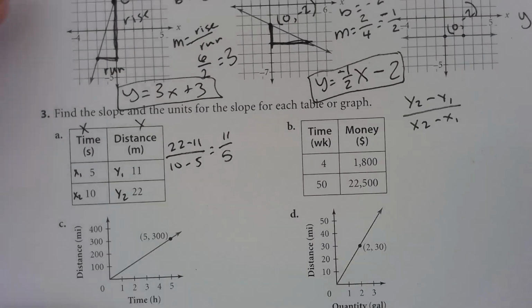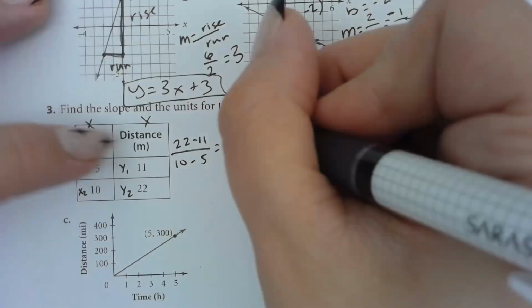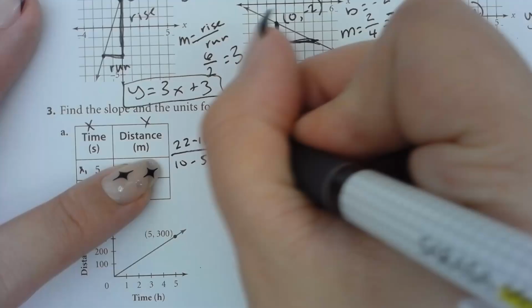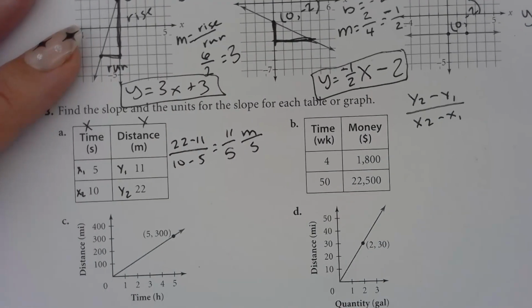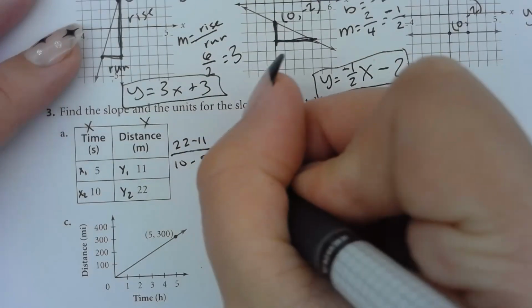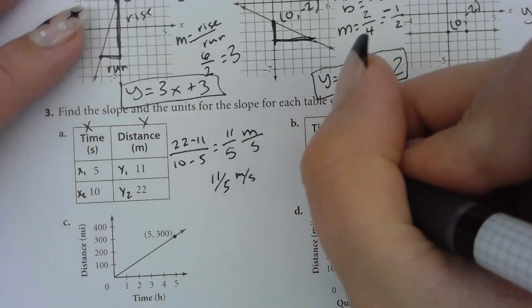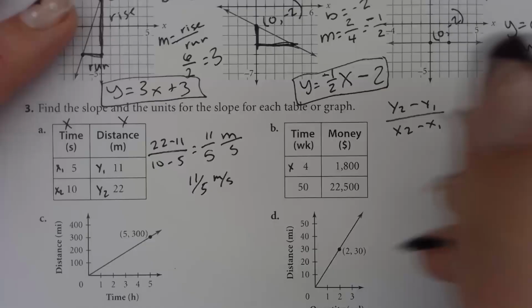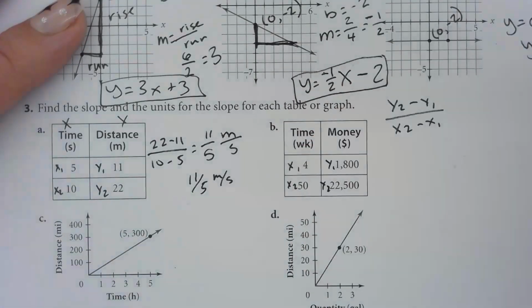Can 5 go into 11 evenly, or 11 go into 5? No, so we'd leave it at meters per second. Okay, B, same thing, x1, x2, y1, y2.